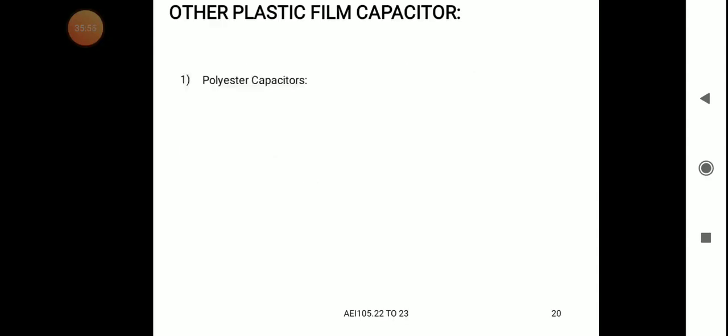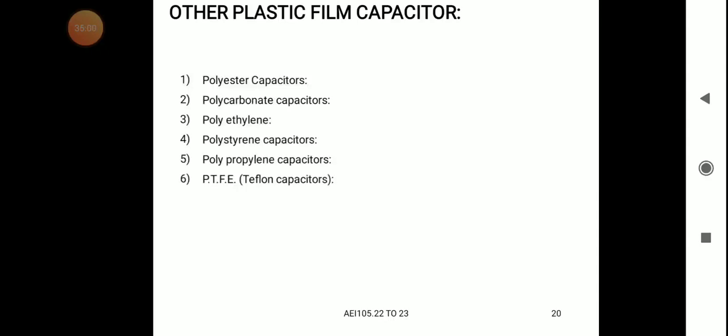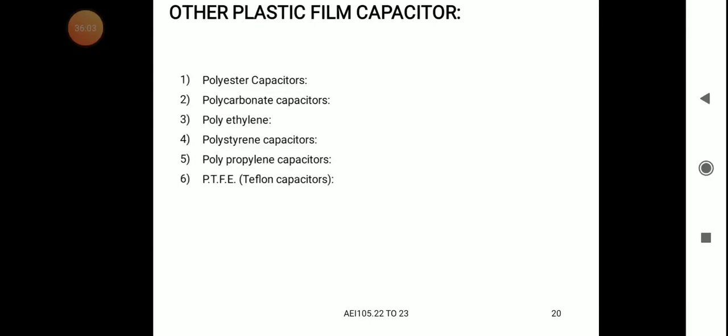Next, we discuss other types of plastic film capacitors. You can see there are many: polyester capacitors, polycarbonate capacitors, polyethylene capacitors, polystyrene capacitors, polypropylene capacitors, Teflon capacitors.